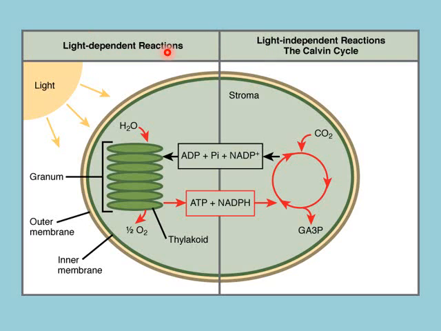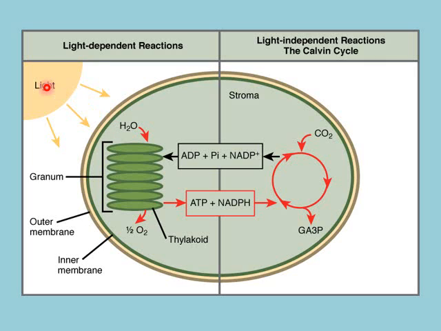The light-dependent reaction, as it states, depends on light being present. So you need sunlight for these reactions to take place. They're going to take place in the thylakoid membranes.